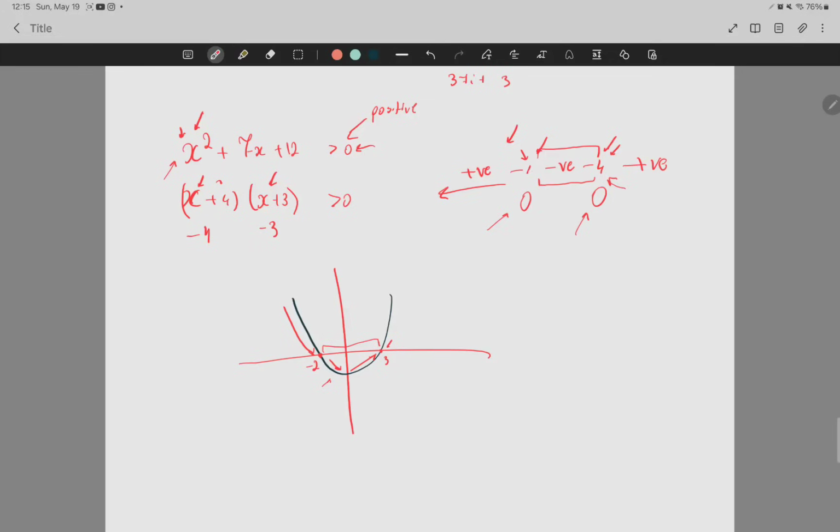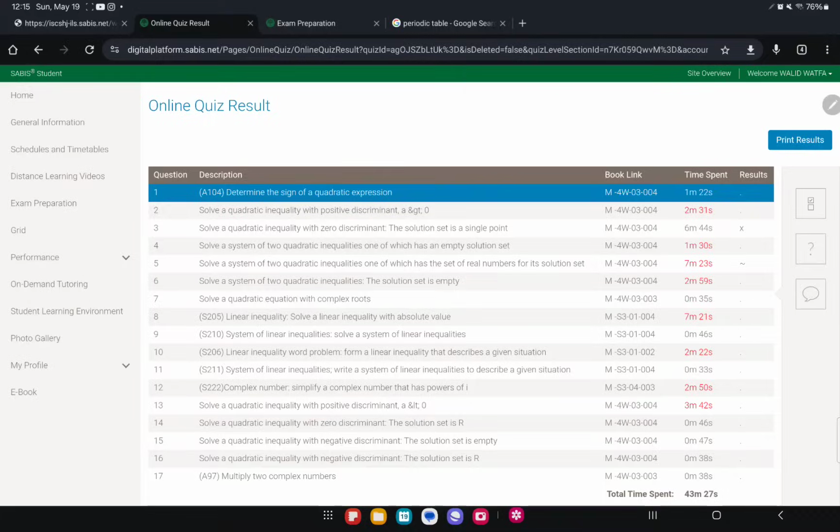Negative 4 should be here, negative 3 should be here, because they're negatives, you're going to the left. So everything before negative 4, so anything less than negative 4, and anything after negative 3. Just be careful how you write the numbers. So this would be my two solutions: x is less than negative 4 and x is greater than negative 3.